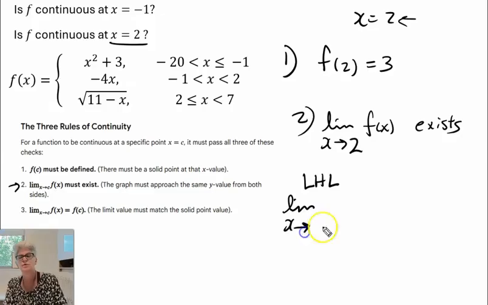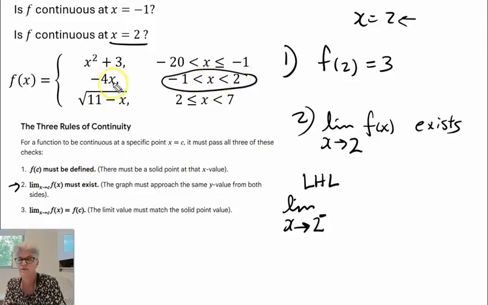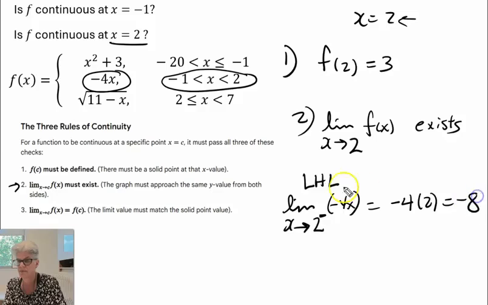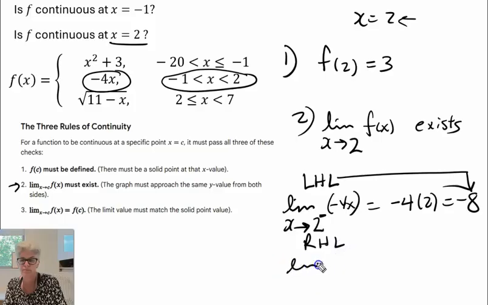So as x approaches 2 from the left, so we're a little bit smaller than 2, a little bit to the left of 2 on the number line, we're in this situation, and so that's my formula. And so if I plug 2 into that formula, I'll get -8. So my left-hand limit is -8. Now what about my right-hand limit?